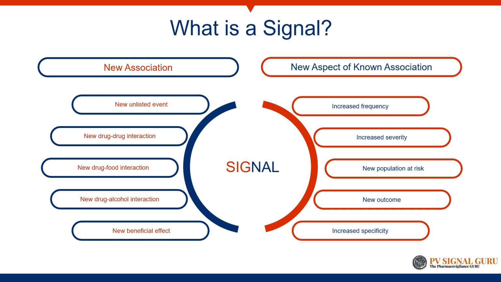And finally, there could be an increased specificity in identifying the event. For example, a drug is known to cause gastrointestinal, that is GI discomfort, and recent reports suggest that it is very specific and the discomfort is primarily due to severe gastritis, which is nothing but inflammation of the gastric or the stomach lining, rather than general GI issues.